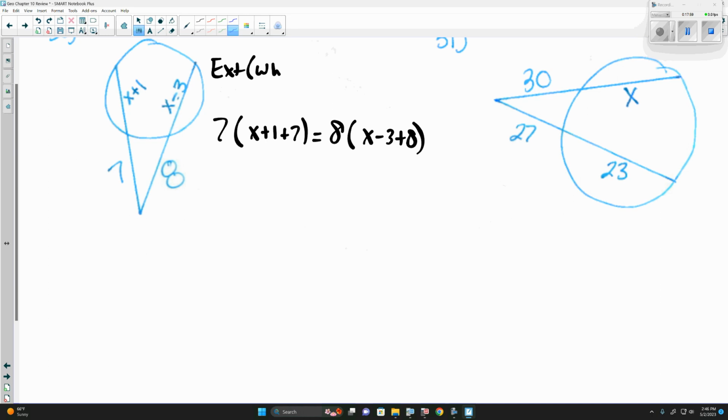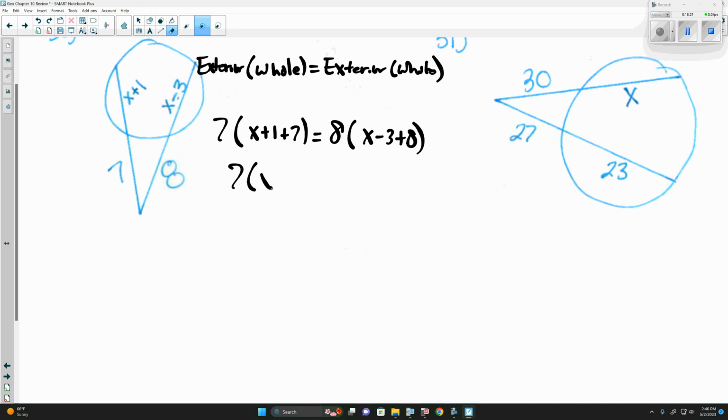I should spell that out. Exterior times the whole is equal to the exterior times the whole.